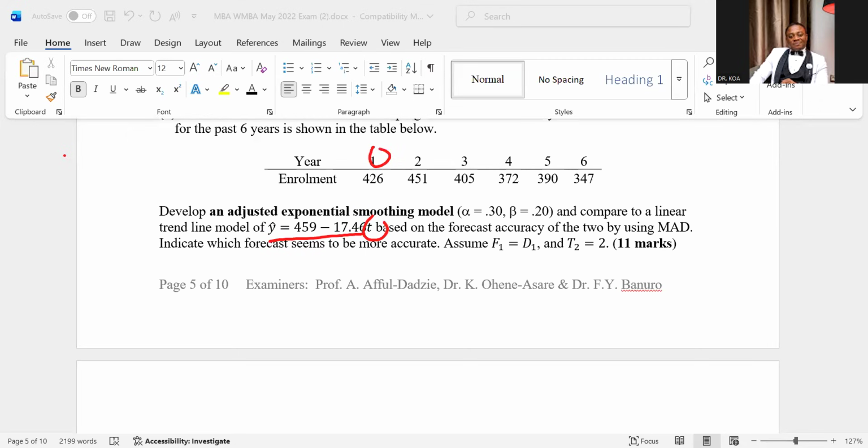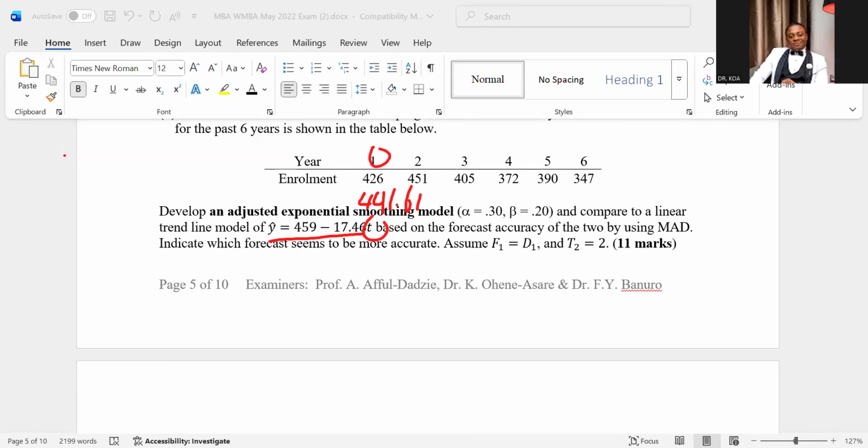So you get 459 minus 17.461. And when you do that, you're going to get the predicted Y value, like the forecast. That's a forecast, actually, because time trend is just using this equation. So that will give you a forecast of 441.61 or something.